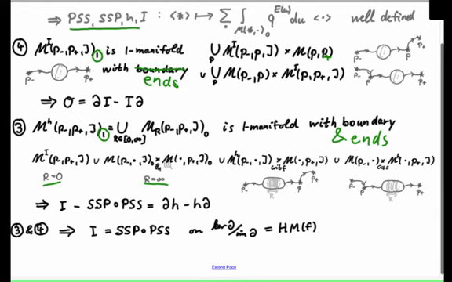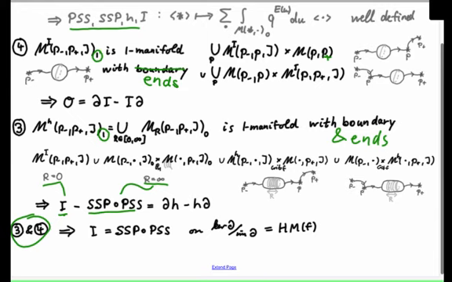And as I sum over all the boundaries, terms, and ends, I have r equal to 0, which is I, r equal to infinity gives me this composition of the PSS and SSP. And here I have DH and HD again, which is now telling me that there's a chain homotopy equivalence between these two maps.